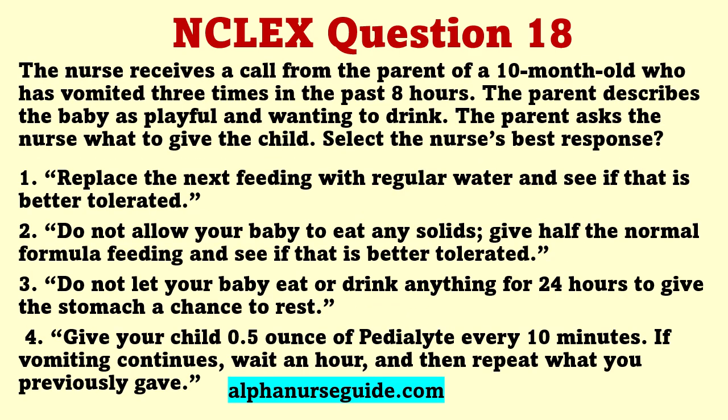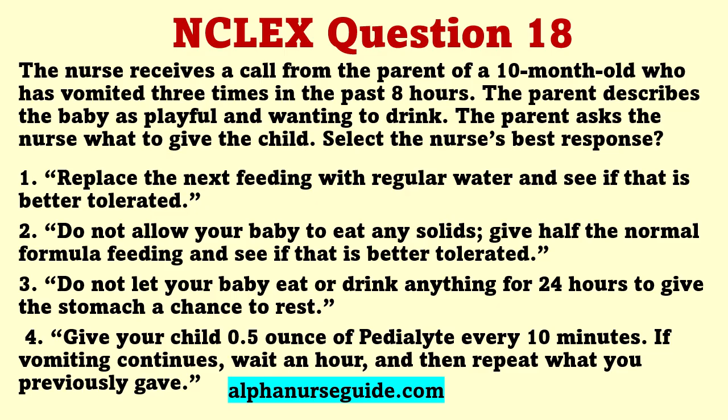The nurse receives a call from the parent of a 10-month-old who has vomited 3 times in the past 8 hours. The parent describes the baby as playful and wanting to drink. The parent asks the nurse what to give the child. Select the nurse's best response. 1. Replace the next feeding with regular water and see if that is better tolerated. 2.